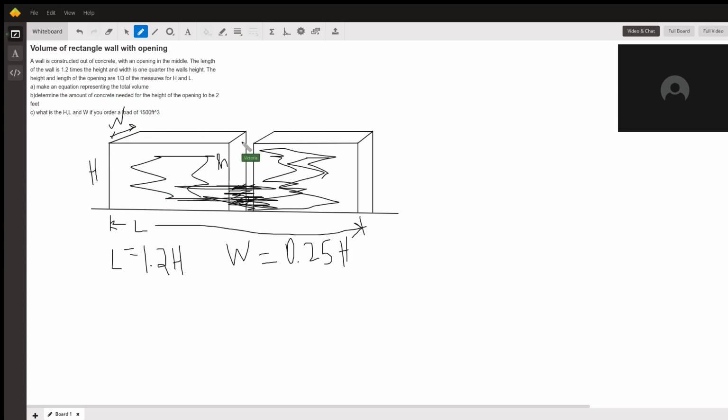And the length of the opening is a small l, where a capital L is the length of the whole wall. They are 1/3 of the measures for H and L. So this little h is 1/3 of our big H, and this little l is 1/3 of our big L.